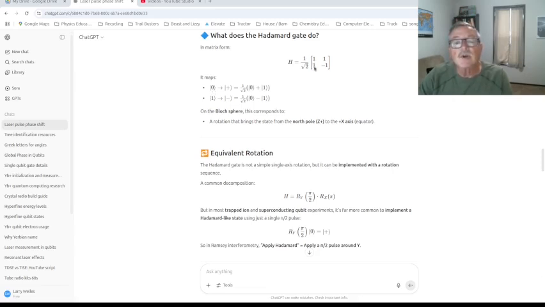And the 1-0 gate has 1 over square root of 2, 0 plus 1, and notice this is a quantity squared. There's parentheses around that. So why 1 over square root of 2? Well, remember, these things have to add up to 1. So if you square this, the squares of them have to add up to 1. So the square of this is going to be 1/2. So 1/2 plus 1/2 gets you 1.